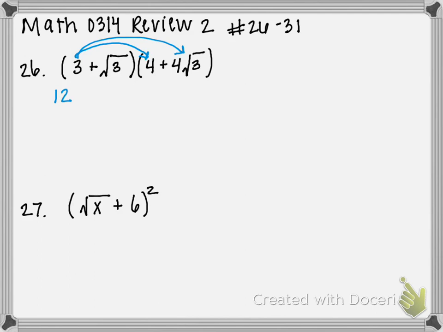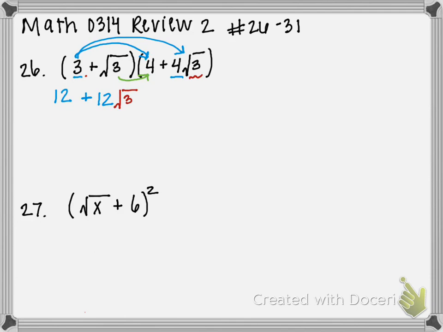So notice that the 3 and the 4 are going to multiply together to become 12. But my square root of 3 here doesn't have a square root on this side to multiply with. So it's just going to come down as square root of 3. So we're finished with the 3, and now we need to come and pick up our square root of 3 and multiply it over here.